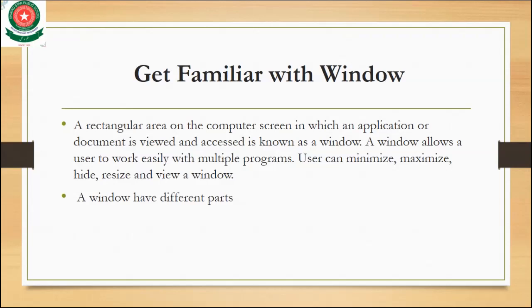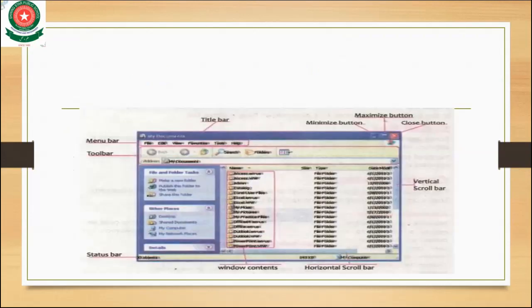The main features of a window are that you can work with multiple programs at the same time, and you can maximize, minimize, hide, resize or view a window. And a window has different parts.